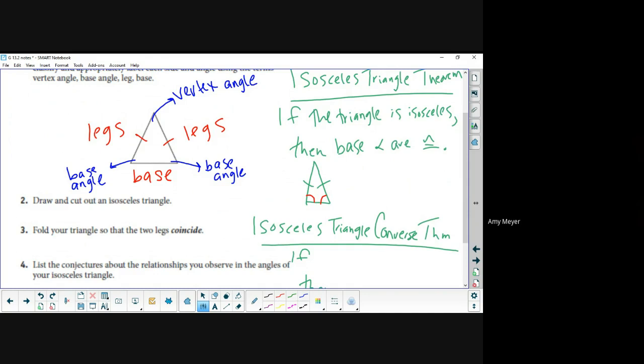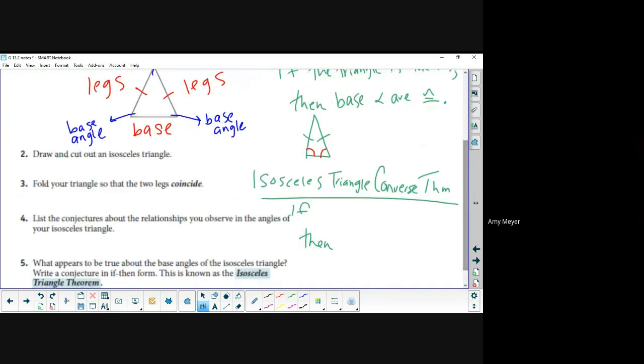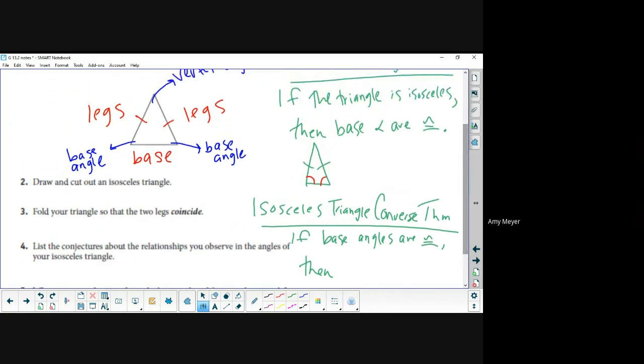So it's going to read: if base angles are congruent, then the triangle is isosceles.